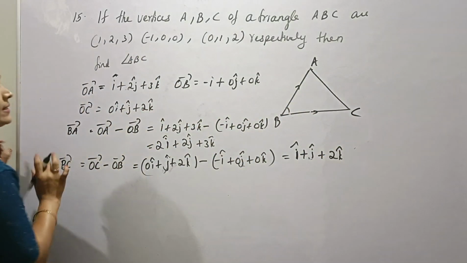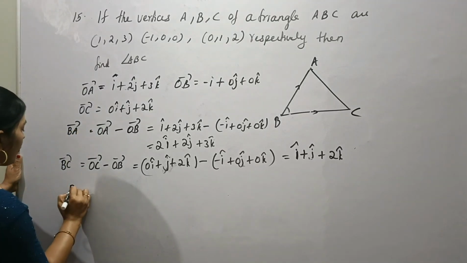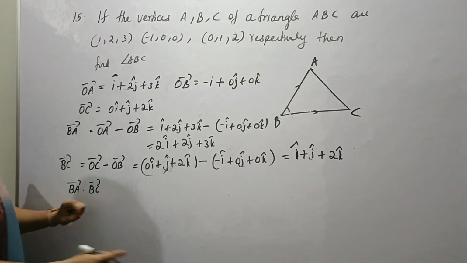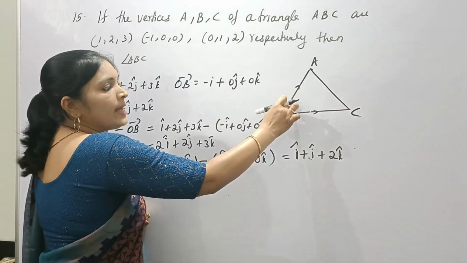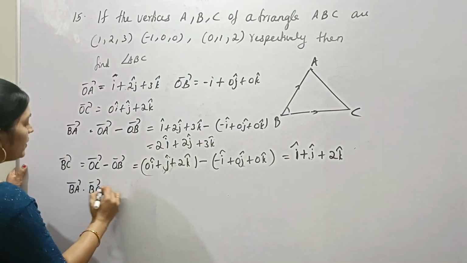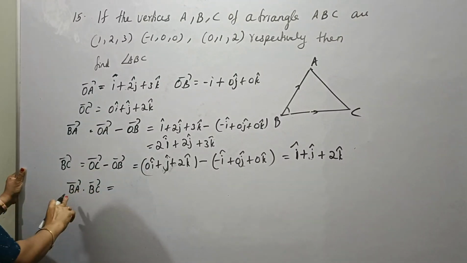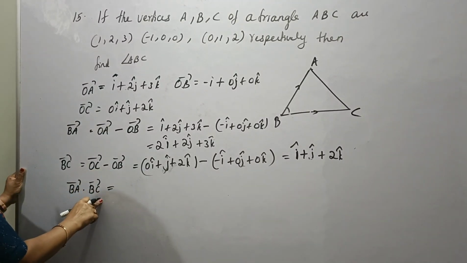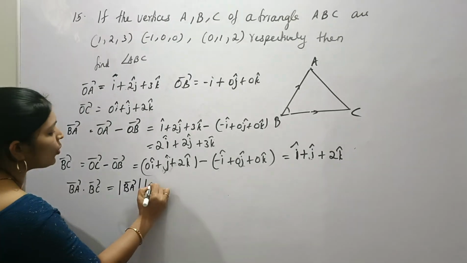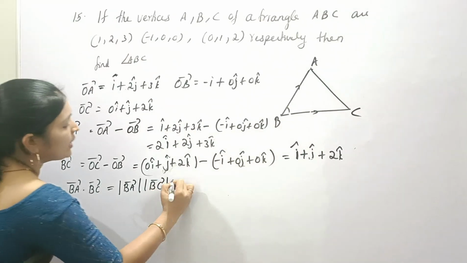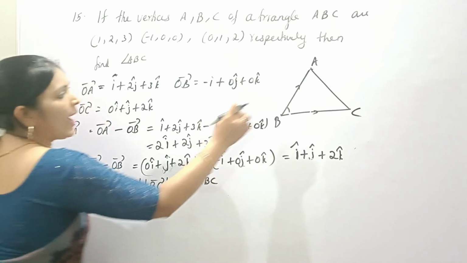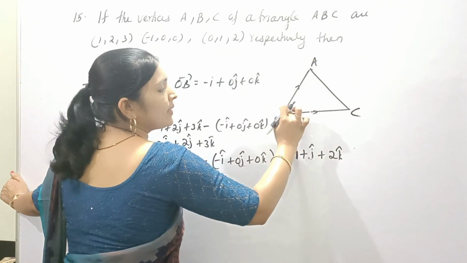So the dot product of vector BA and vector BC is equal to modulus of vector BA into modulus of vector BC into cos of angle ABC.